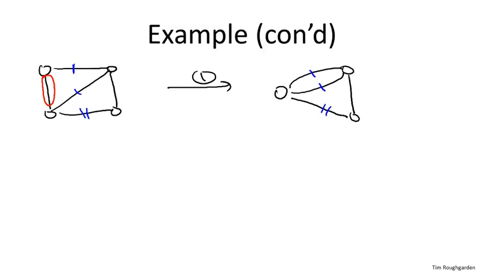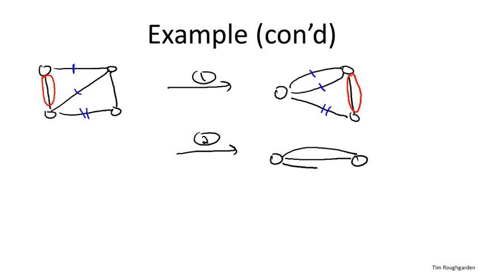Totally possible, 25% chance that's going to happen. Now what happens after the contraction? Well, again, we're going to be left with 2 nodes, no surprise there. The contracted node gets sucked into oblivion and vanishes, but the other 3 edges, the ones with the hash marks, all stick around and become parallel edges between these 2 final nodes.